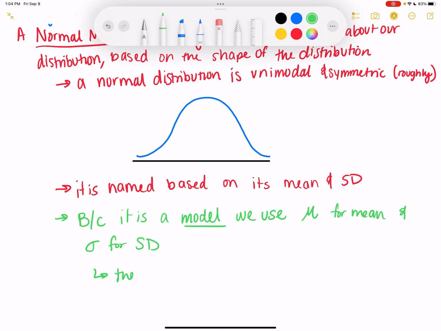And these two numbers are the parameters of the model.